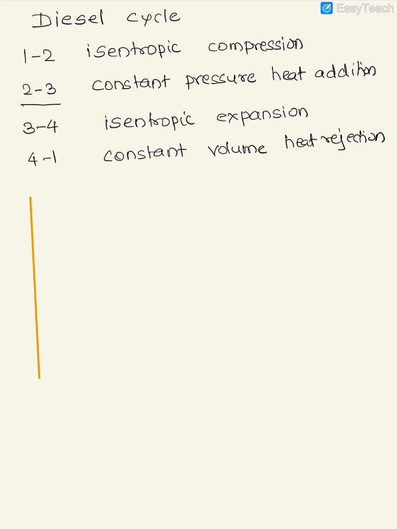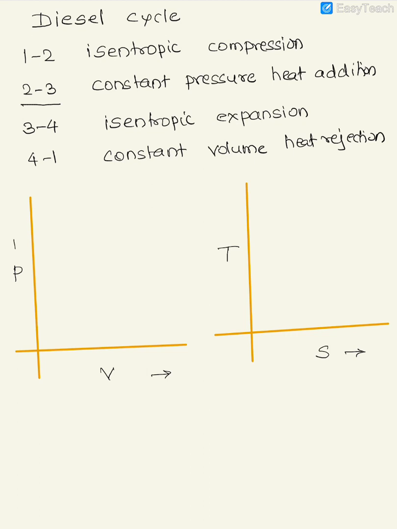So let me draw and represent this on the pressure volume and the temperature entropy diagram. So this is pressure, vertical is pressure, horizontal is volume, vertical is temperature, horizontal is entropy. So let us represent first the process 1 to 2.